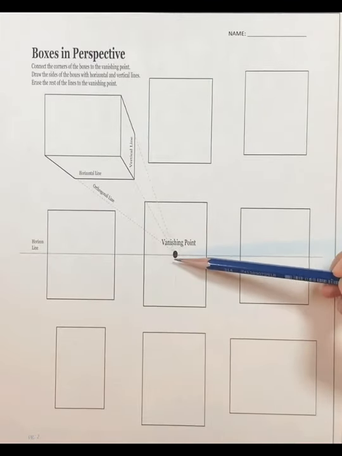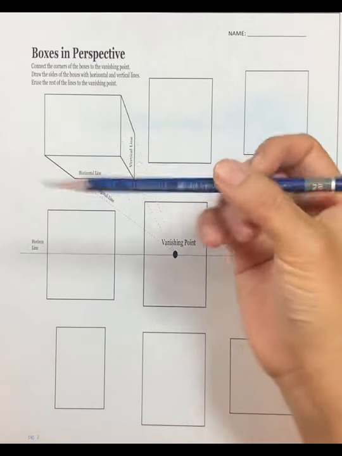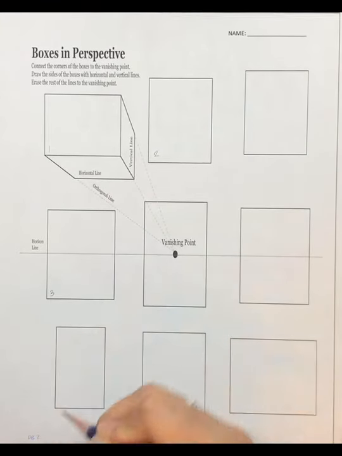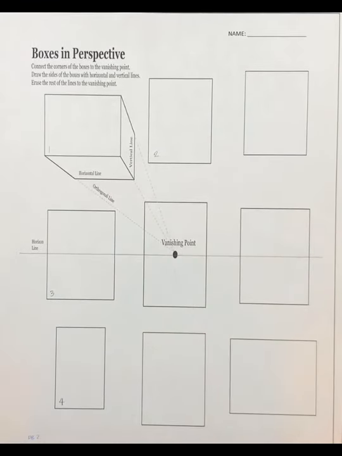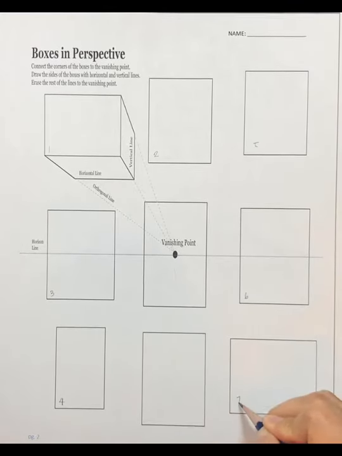And we see the vanishing point on the horizon line. I'm going to ask you to follow box number 1, 2, 3, and 4, and I'm going to ask you to do 5, 6, 7, and 8 by yourself. So let's go ahead and get started.